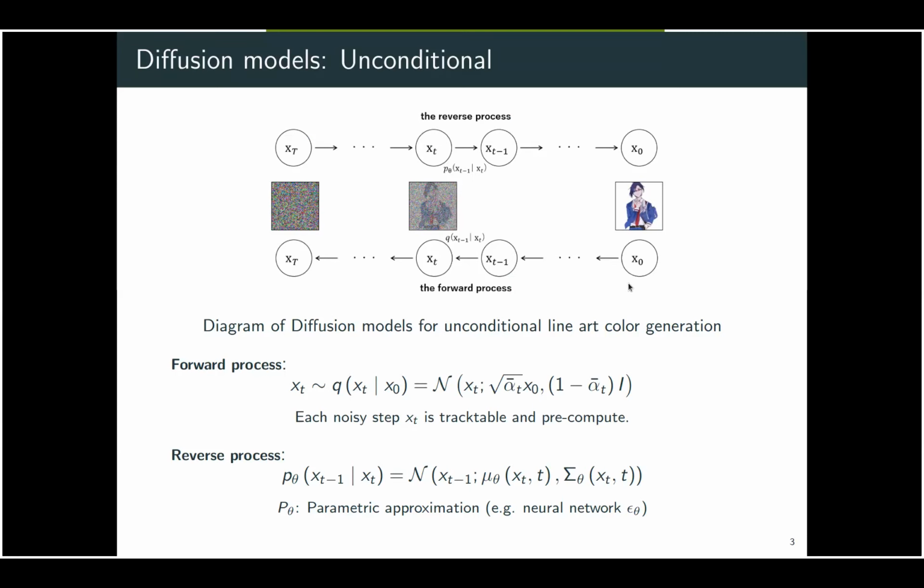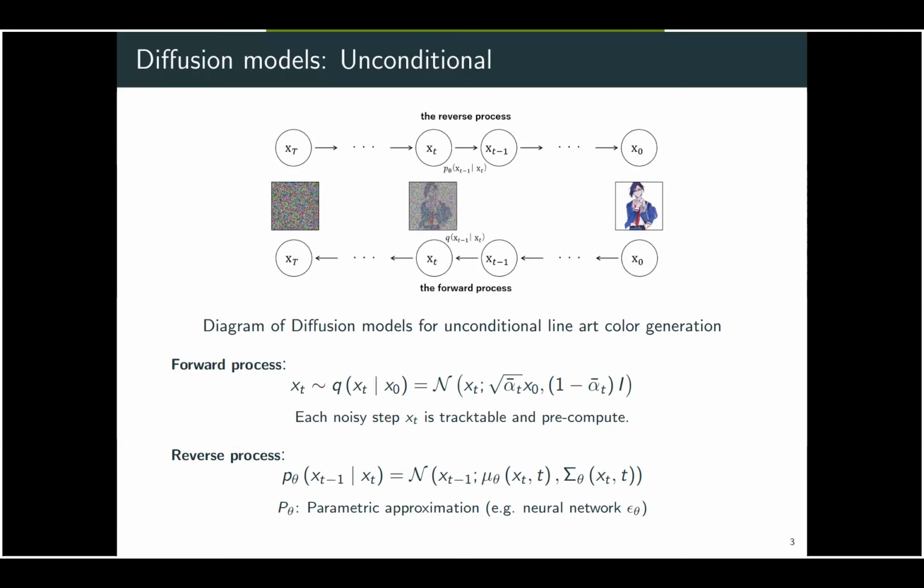This noise has variance and mean controlled by a variance scheduler, in this case alpha bar, for each of the steps from t-1 to t, up to x big T. The idea then is to reverse the process by means of an iterative denoising.